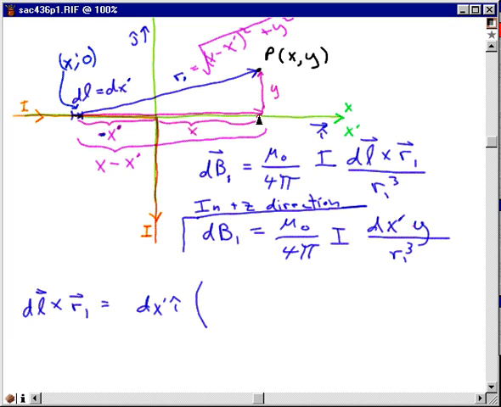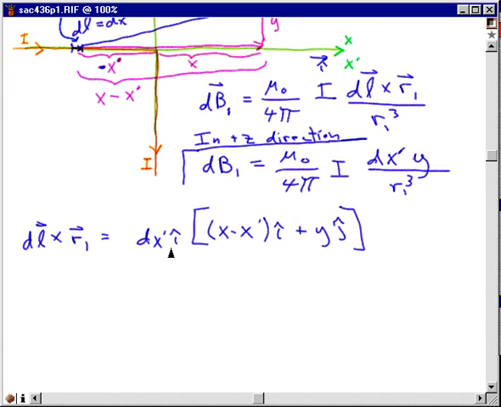It's a step along the x direction of x minus x prime, which I'll put in square brackets: x minus x prime times I, and then plus y, a step along the y axis, times j, and that's the vector r1.